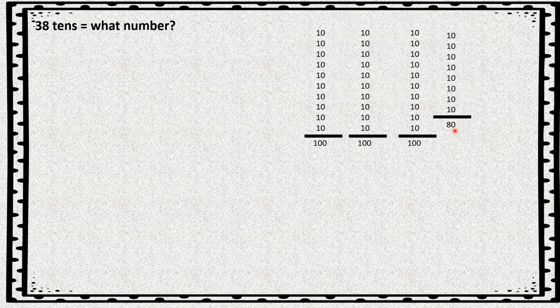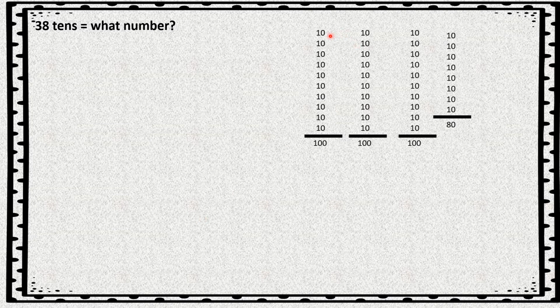I know that seems confusing, boys and girls, but it's really not. All I did was write 10 38 times, and I put them in rows of 10 because I know that 10 tens is 100. So instead of writing 10 38 times all over the page, I'm going to organize this problem.